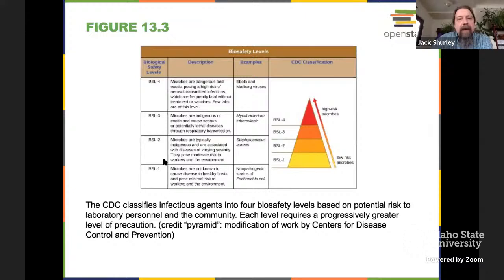With that, we've just seen this BSL-4, which, as we look at this pyramid, is the top, the highest risk for serious infection, with potentially fatal consequences if you're coming in contact with this. So we definitely do not want to expose anyone to this.